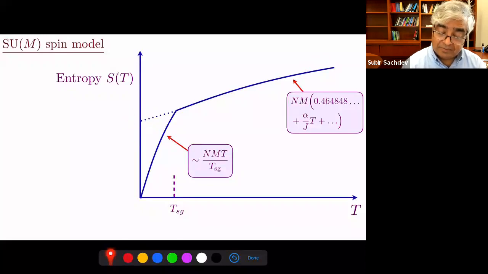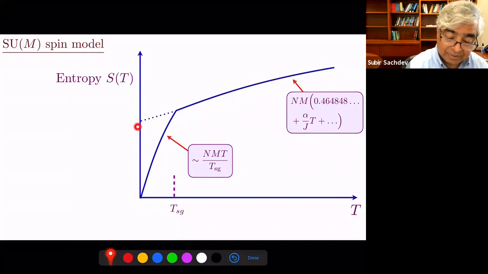And this value was worked out by Georges, Parcollet and myself in 2001. This linear correction is a Schwarzian correction, first pointed out by Kitaev and Maldacena and Stanford. So that's the behavior you get in the SYK model.